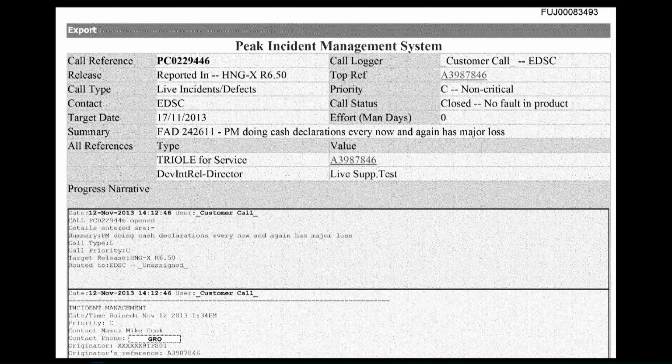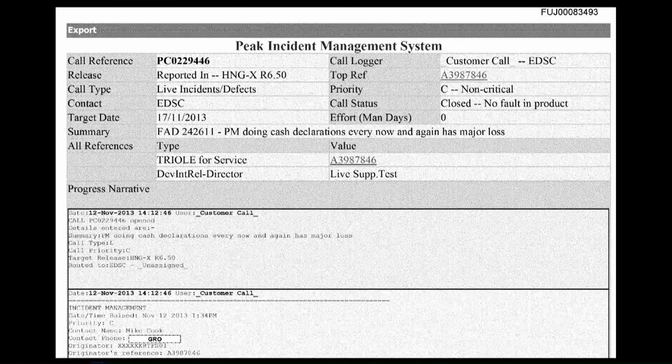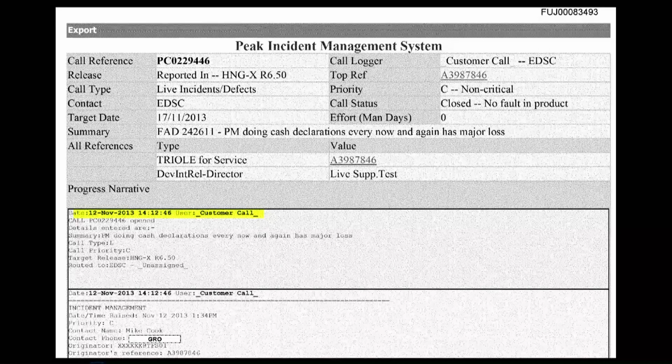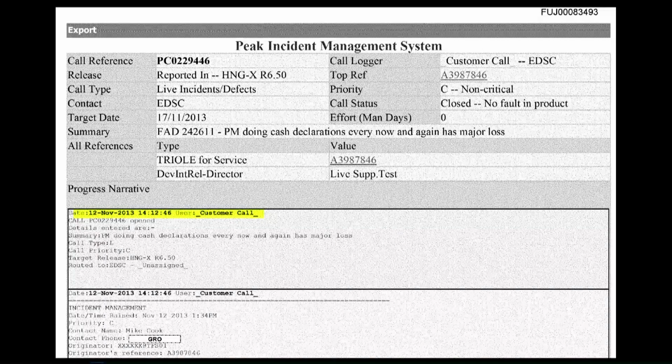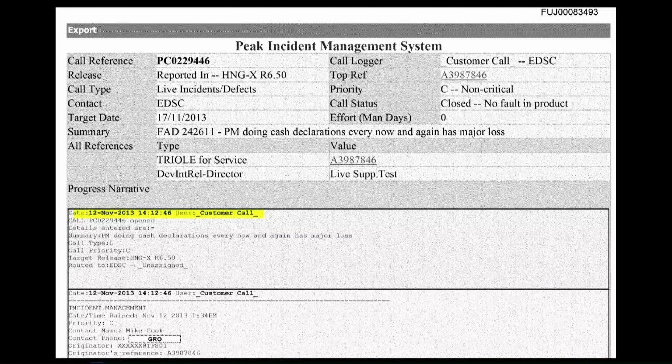You should see that that's a peak ending in 446. It's raised on the 12th of November 2013. Yes. And the problem is described in the peak summary as postmaster doing cash declarations every now and again has major loss.